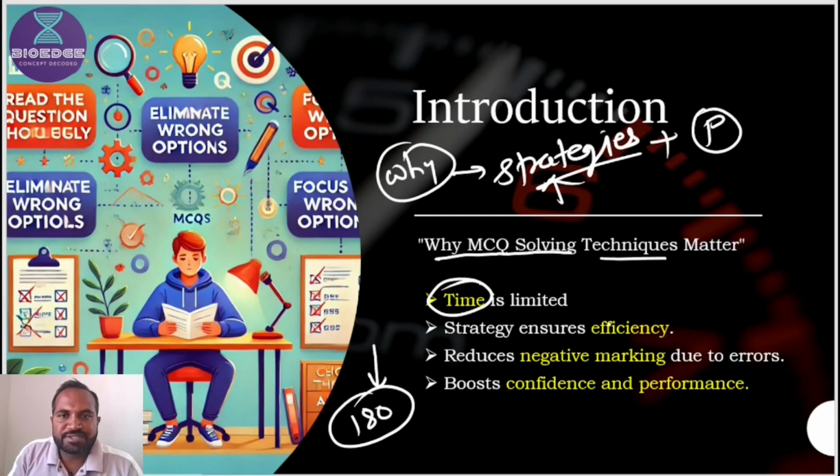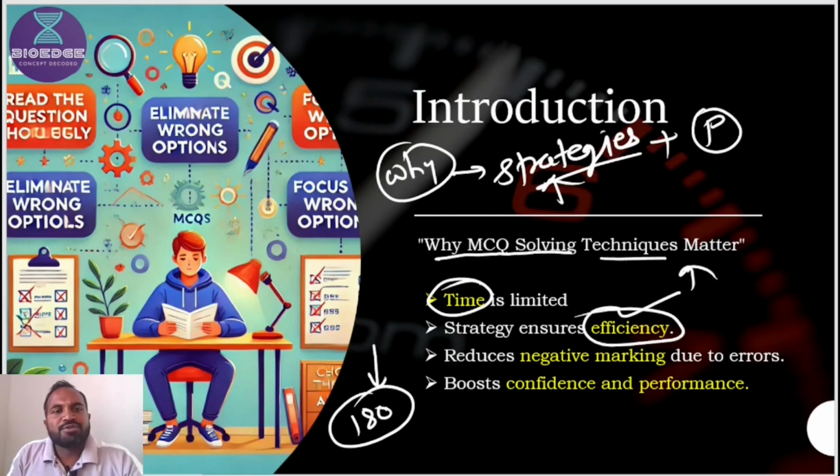Then next one is efficiency. Efficiency means in a limited time you can perform more work, or more questions can be attempted. So efficiency, time management, and the last one is that handling of negative marking becomes a very easy task for the students.